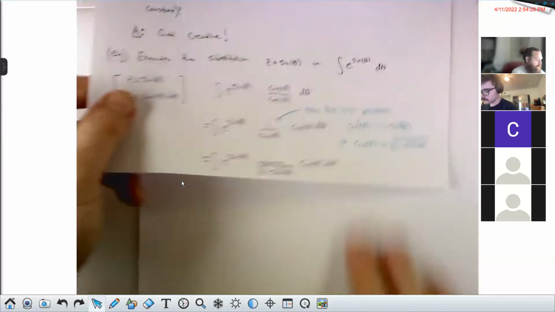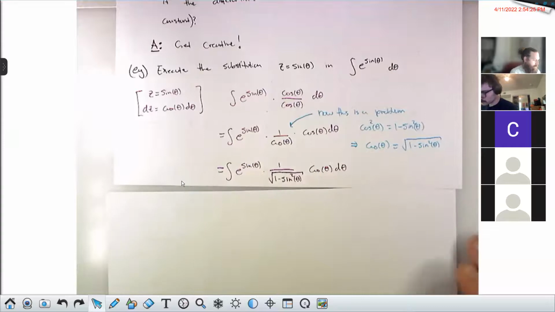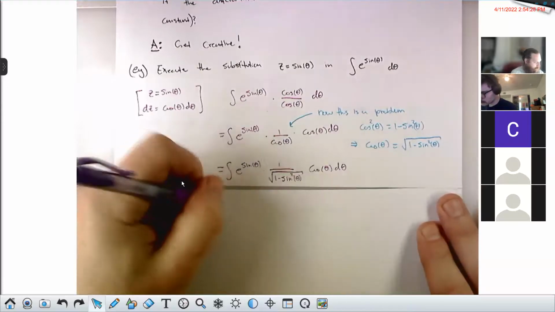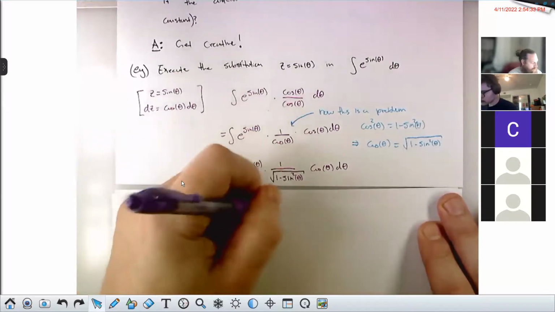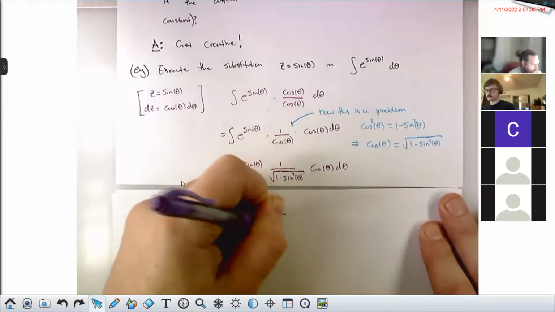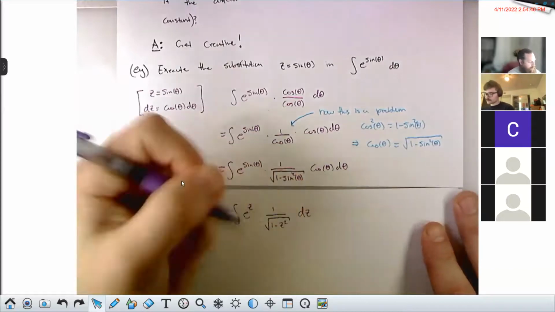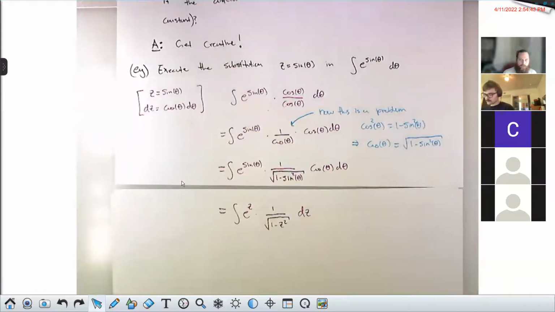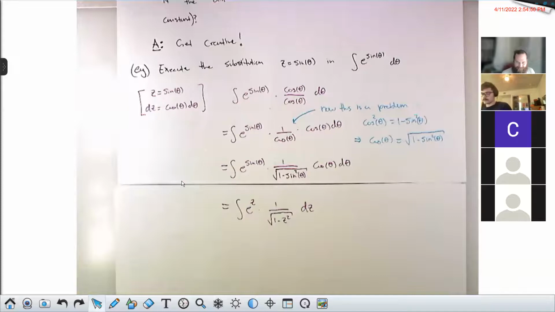So from here, I can write this as the integral of e to the z times 1 over the square root of 1 minus z squared dz. And this integral is very hard. I'm not going to do it. We're not even going to learn how to do this in this class. And that's okay, because the task given to us was to execute the substitution, not to solve the integral.